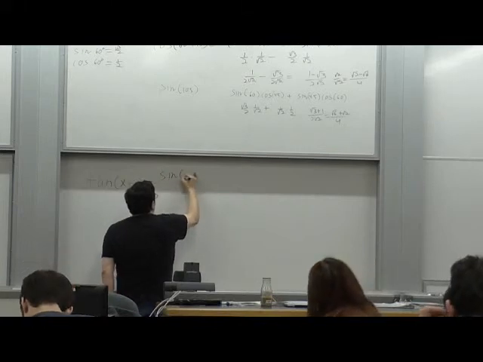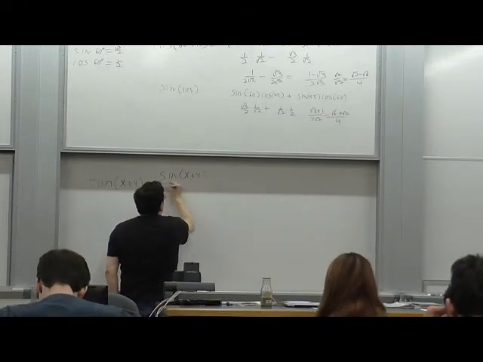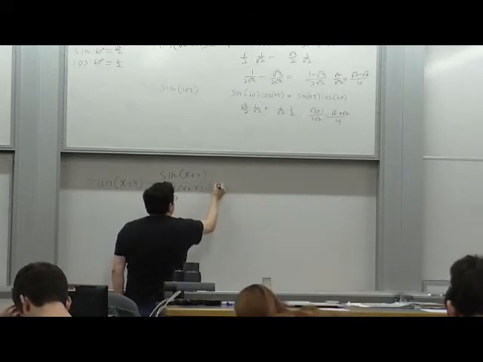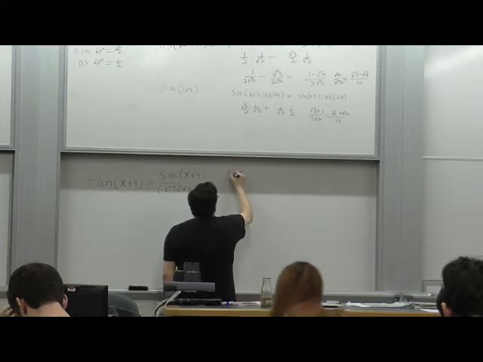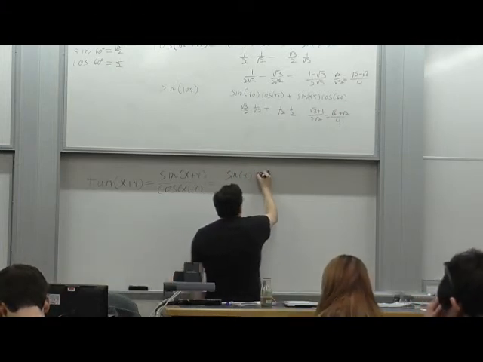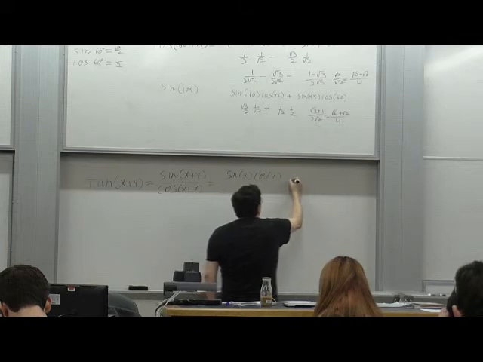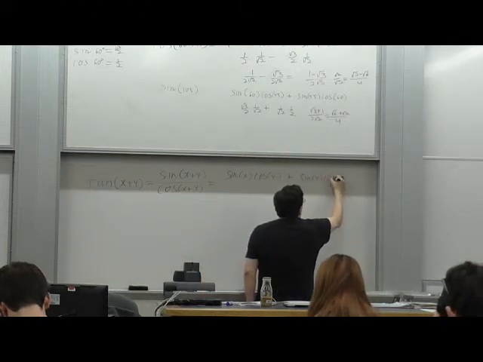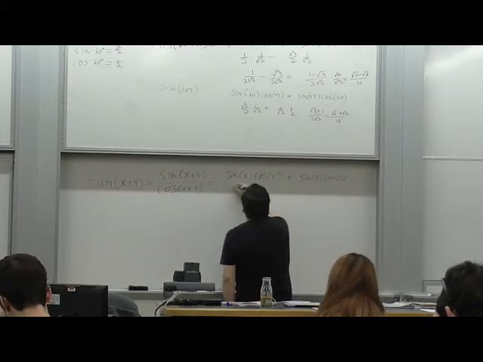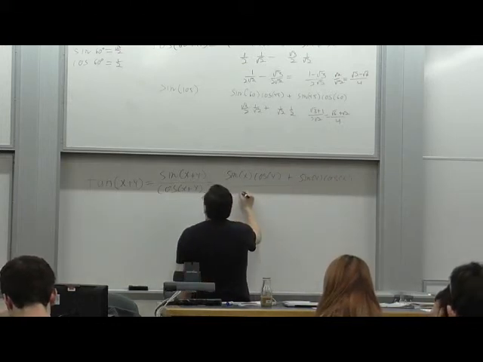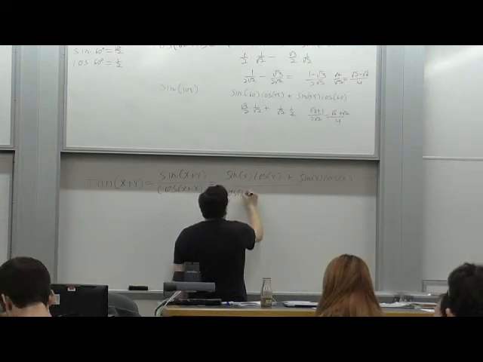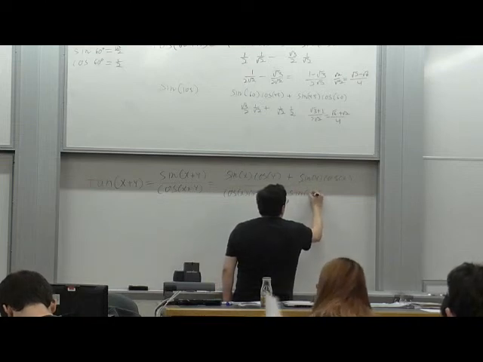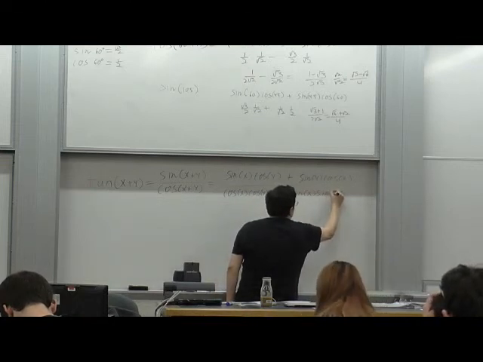That's sine of x plus y over cosine of x plus y. And let's substitute in what we now know. This is sine x cosine y plus sine y cosine x over cosine x cosine y minus sine x sine y.